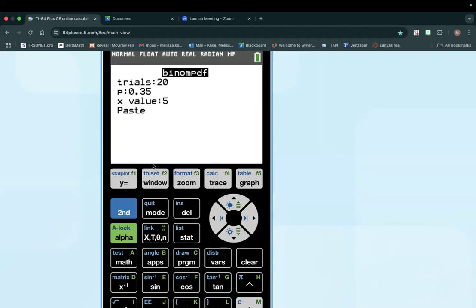Exactly 5 have 3 or more cars. So trials, probability, X value, hit enter. If your calculator doesn't have that screen where it lets you put stuff in, this is what it's going to look like. This is just the way that I wrote it down. So you can just put them in with the parentheses, hit enter.